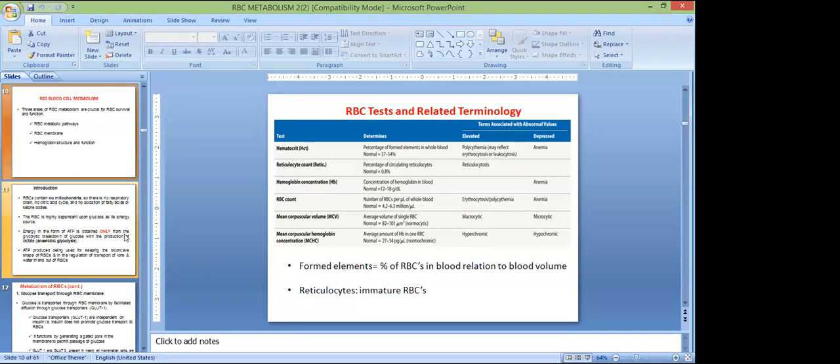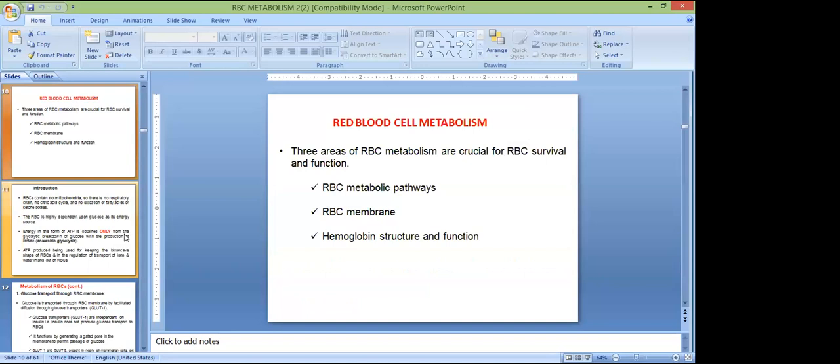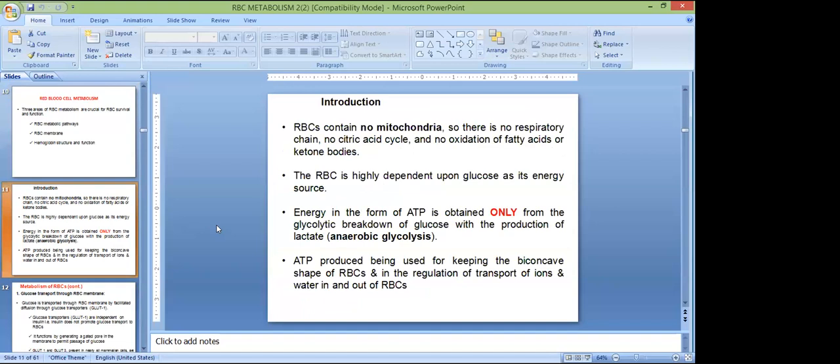But heme, we break down to things like bilirubin. That is why when a lot of your RBCs are being broken down, bilirubin can accumulate, and you'll have things such as jaundice and all that.